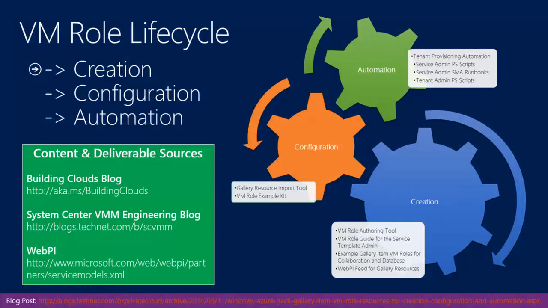The short name for this, and I didn't update the slide because I just created this the other day, is AKA MS/VM role lifecycle, or WAP VM role lifecycle, as well as there's a video on there of the demo, which is WAP demo. So that's easy to remember. It's AKA MS WAP demo if you want to see the 8-minute demo similar to what I'm going to show you here. Less explanation and probably less screwing up.